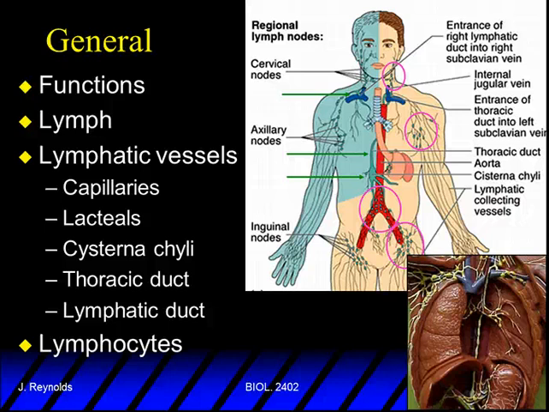In the armpit, axilla, or axillary nodes. Then right here where the aorta splits into the iliac artery left and right, you've got some sitting over there, and those are called abdominal. Then in the groin area, you see the inguinal lymph nodes.